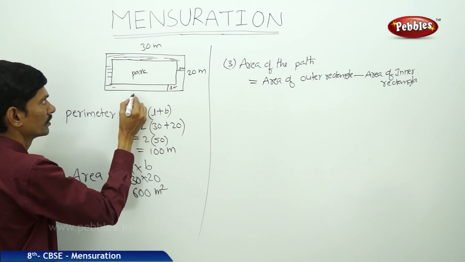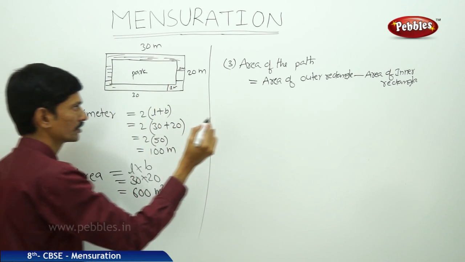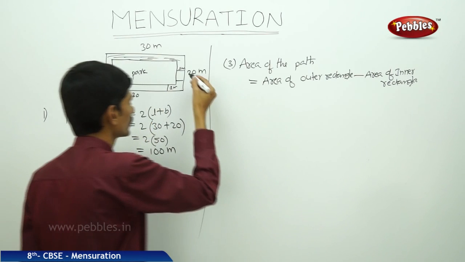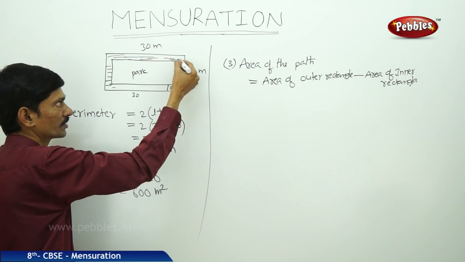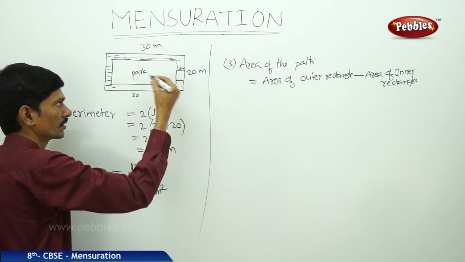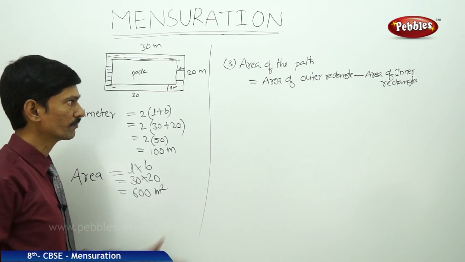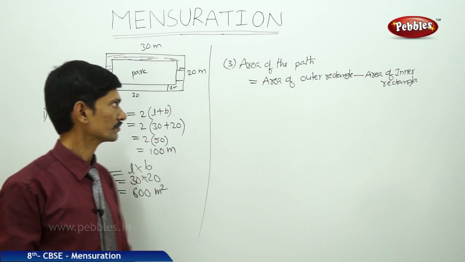The length is 30 minus 1 minus 1, so we get 30 minus 2. Then the breadth of the inner rectangle is 20 minus 1 minus 1, so 20 minus 2. Then we can find the area of the inner rectangle, and then the area of the path.